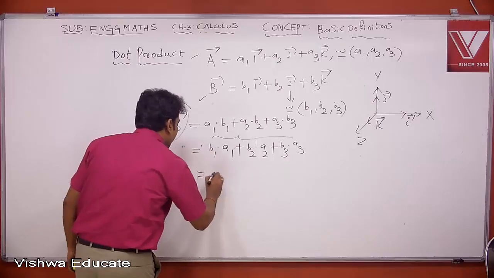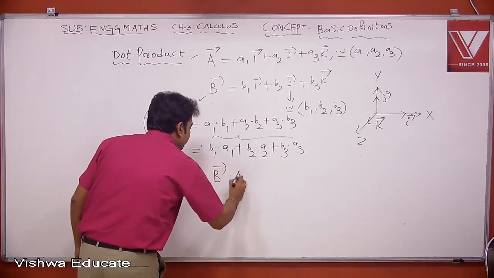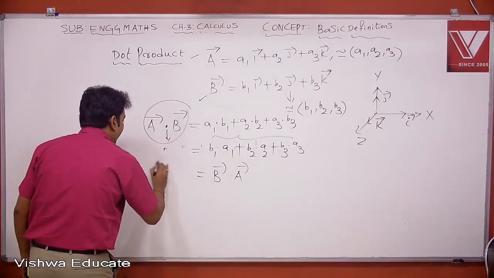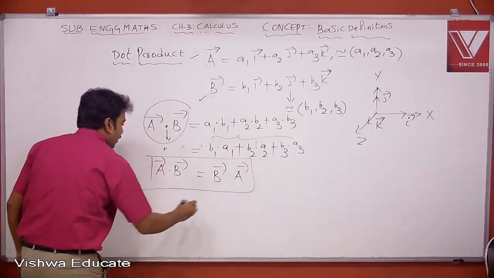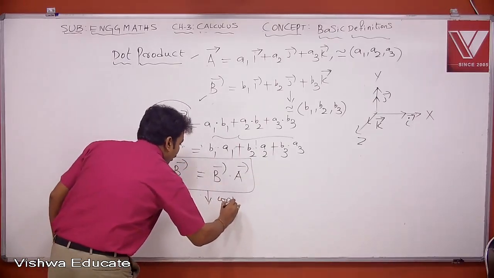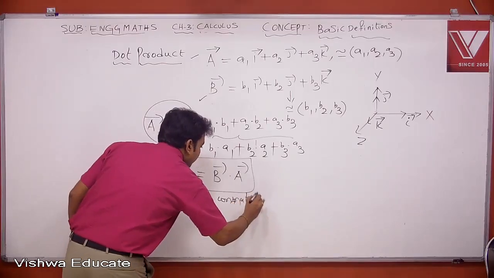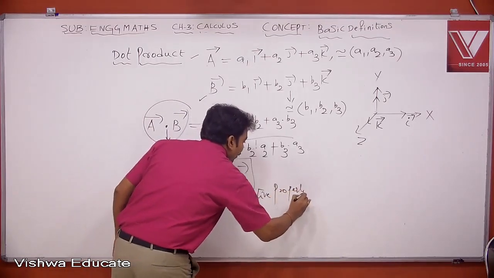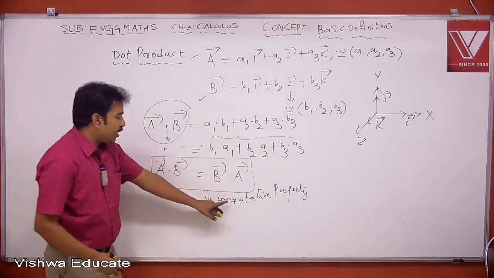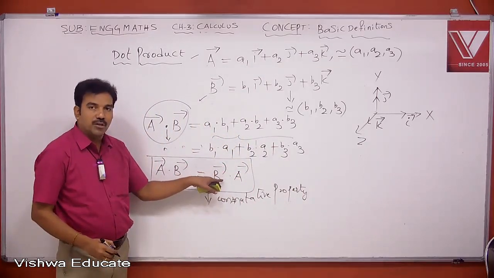So A1 dot B1 is this, A2 dot B2 is this, A3 dot B3 is this. Now basically this expression is B bar dot A bar. So the result we have is A bar dot B bar equal to B bar dot A bar, and this property is called commutative property. That means vectors satisfy commutative property with respect to dot product.